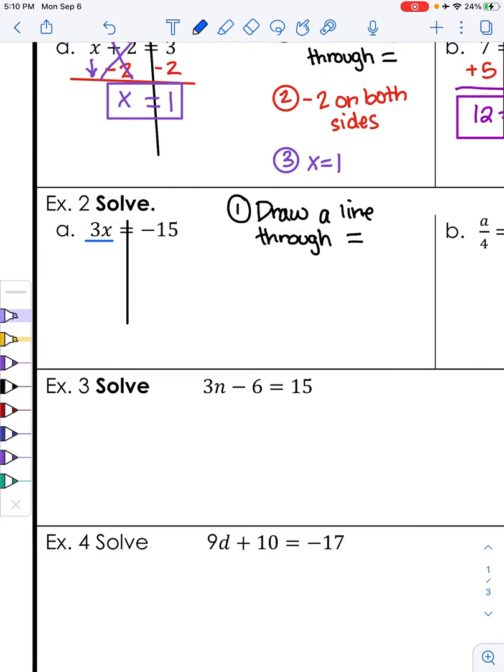In this case, I'm multiplying 3 times x, so I'm going to do the opposite by dividing. So I'm going to divide both sides by 3. Step 2, divide by 3 on both sides.